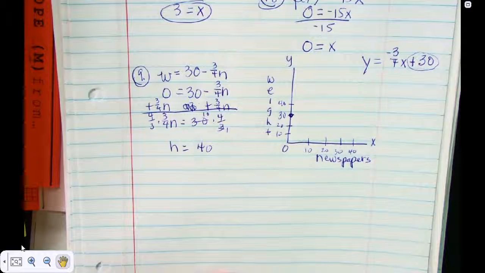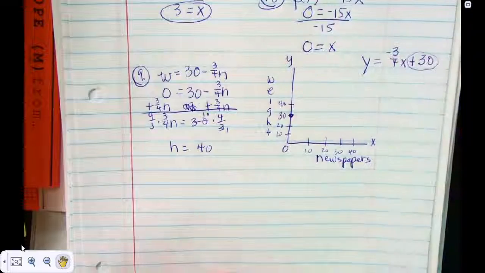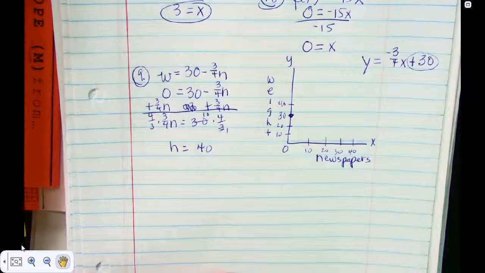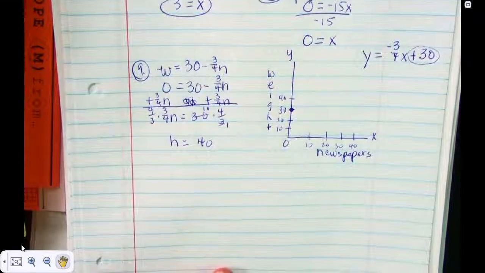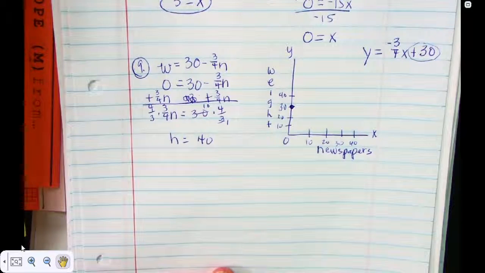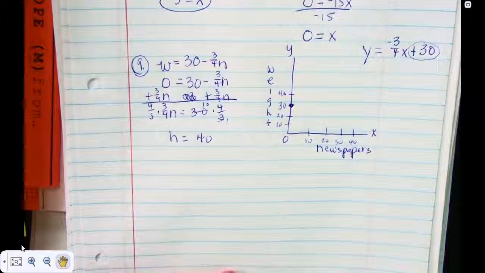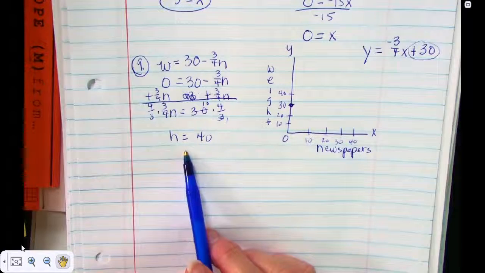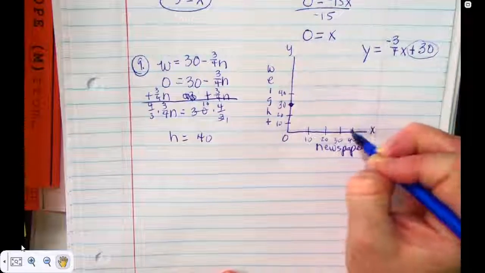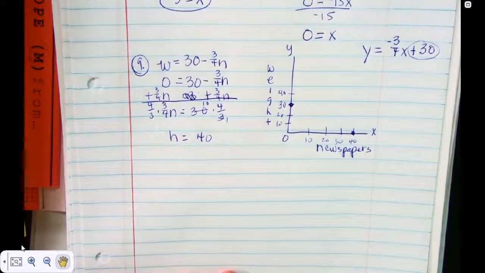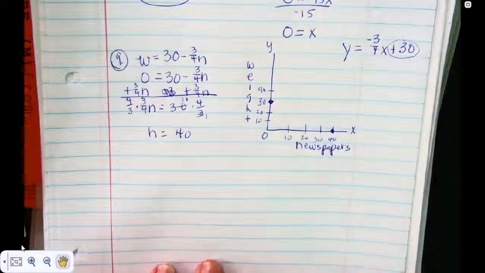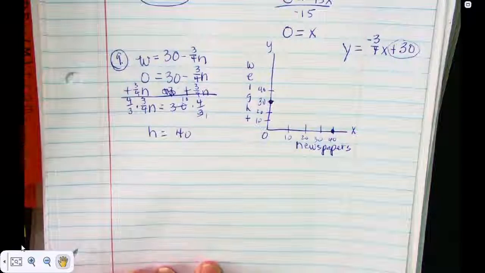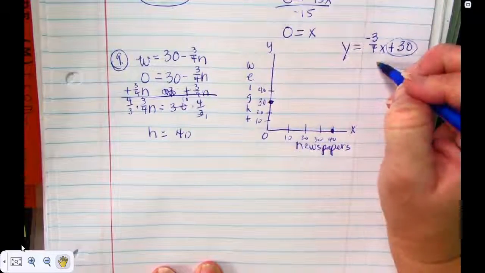How can I get another point without having to do the slope, without having to go over 4, down 3, over 4, down? What can I do to get another point so I can graph this? X-intercept. We already know it, don't we? It is 40, 0. Good. But what if I didn't know the x-intercept already? I could find it. Or could I just put another point in for x?